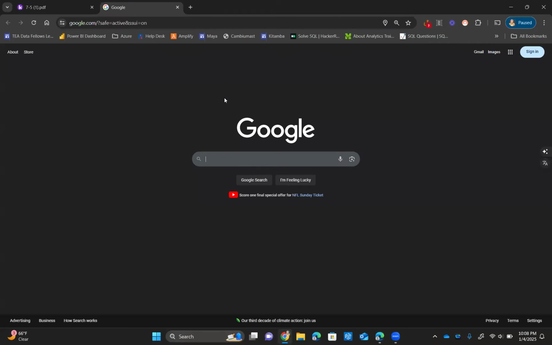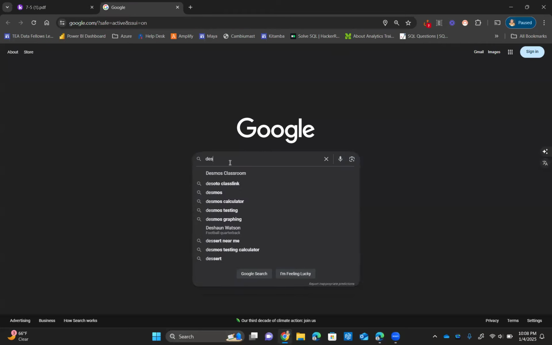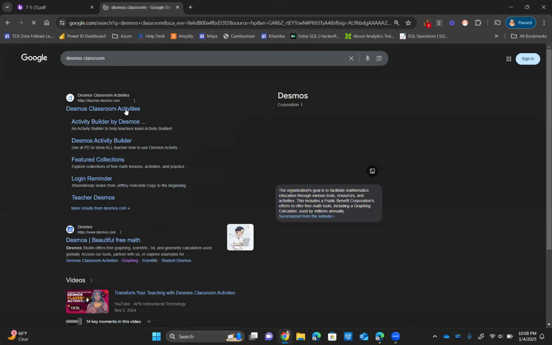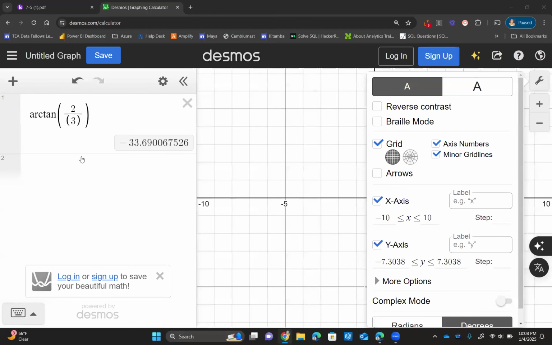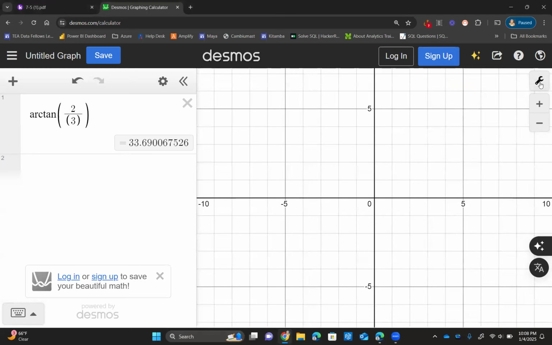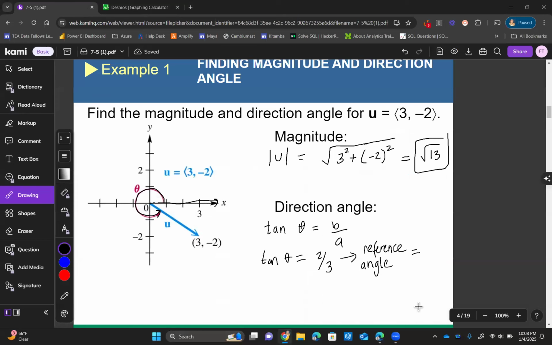So if you go to the decimals calculator here, and ask for arctan of 2 over 3, and make sure that the settings are in degrees, it tells me that the angle I'm expecting is 33.7. So I'm going to mark here, the reference angle is 33.7.